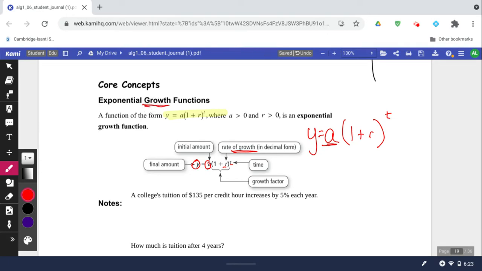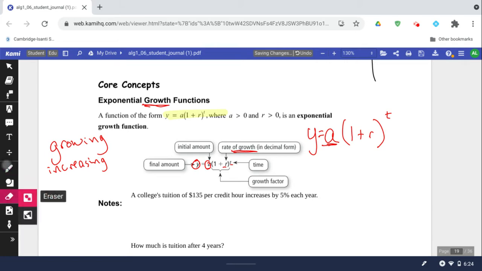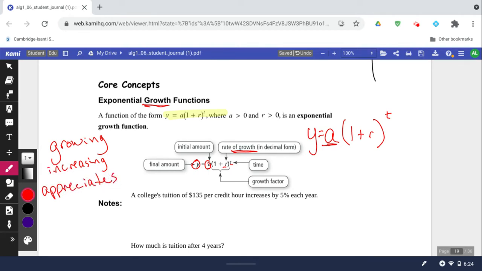So if you see growing, increasing, appreciates. When you see appreciates in a math problem, it's not like I appreciate you doing the dishes. It means appreciates like it's growing up in value. It's the opposite of depreciating, which is going down in value.